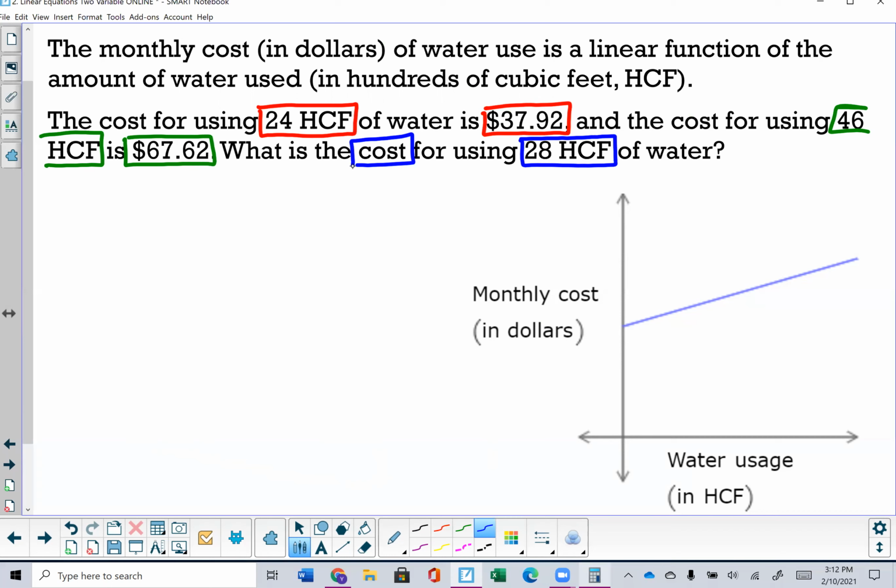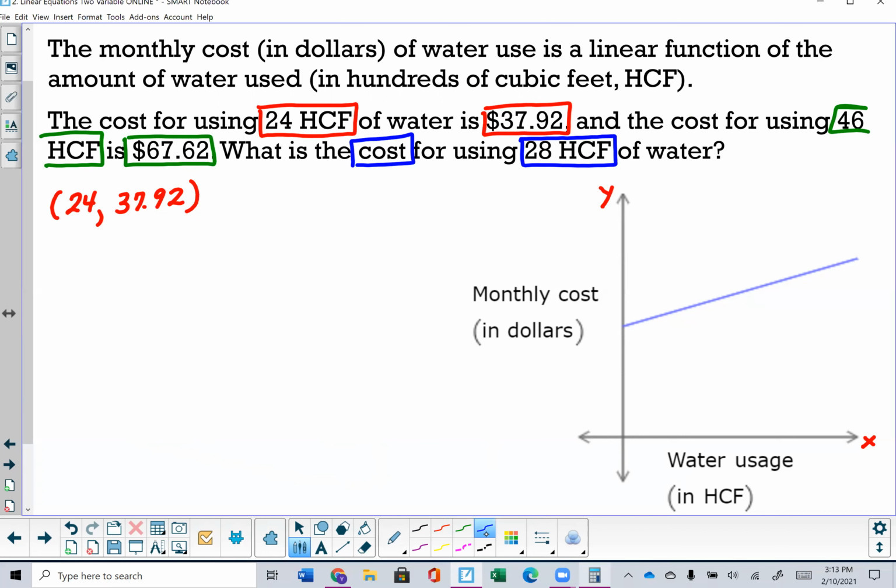All right, so let's try this. Okay, so again, we have 2 points that we know completely. And so based on the graph, I can see what's on my X-axis is water usage in HCFs. What's on my Y-axis is monthly cost in dollars. So therefore, I'm going to write my ordered pair as 24, comma, 37.92.